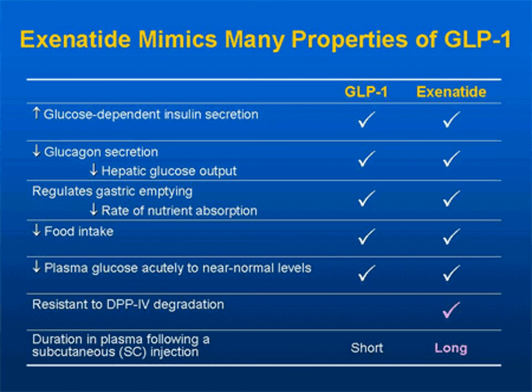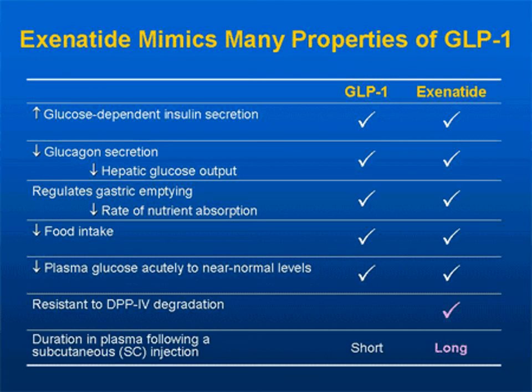This slide shows the difference between the glucagon-like peptide 1 and the glucagon-like peptide 1 mimetics or drugs. Both will increase the glucose-dependent insulin secretion. Both will decrease the glucagon secretion and the hepatic output of glucose.